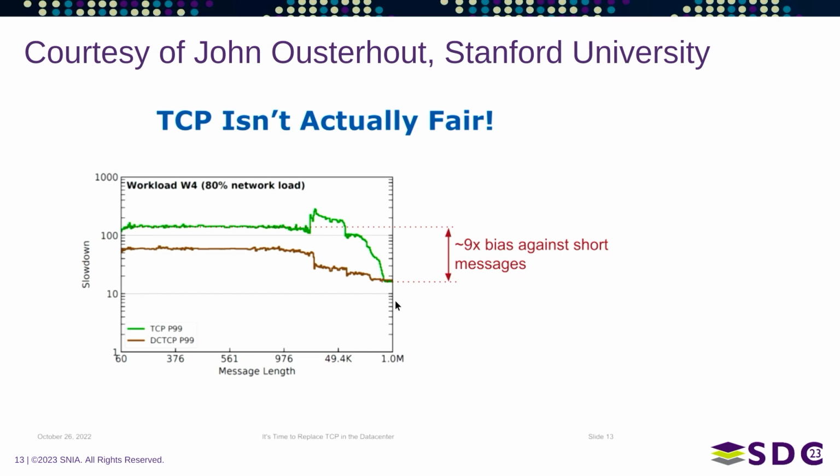Basically, in this chart there's a 9x, almost 10x bias for large messages and against short messages, right? And I don't think this is a proper approach to fairness in a distributed system, where it should be like shortest job first: get this thing done, get it out of the way, and then the communication can continue.